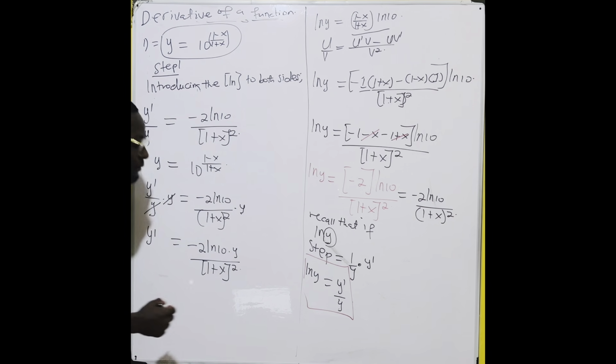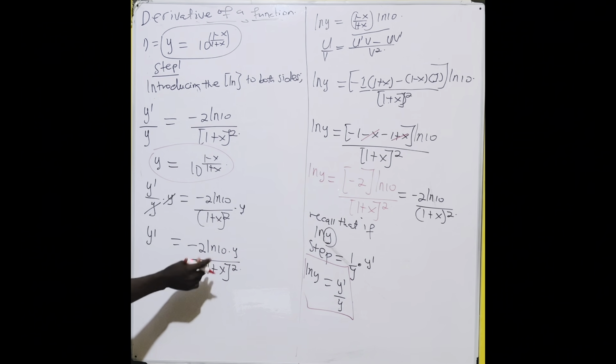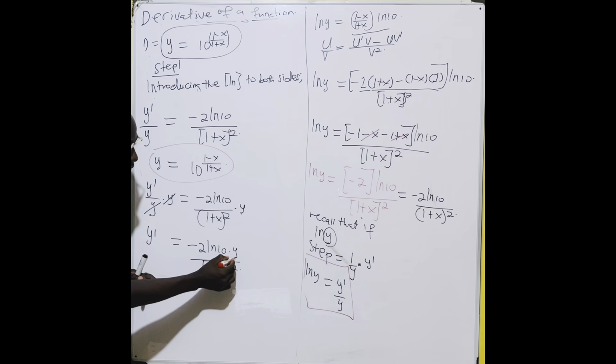all squared, right? And we said that our y is this, right? So we are going to substitute in place of this.